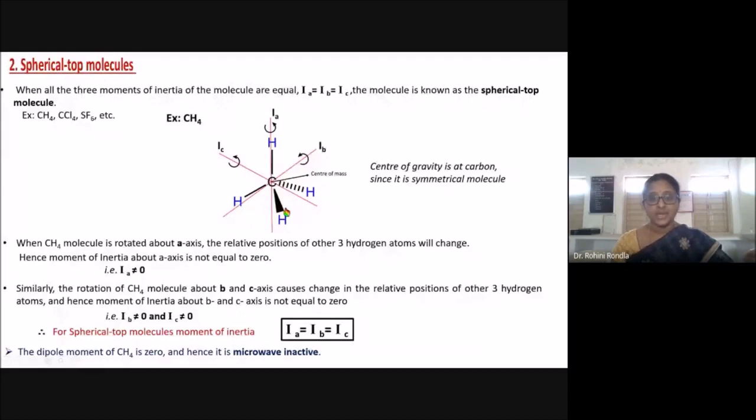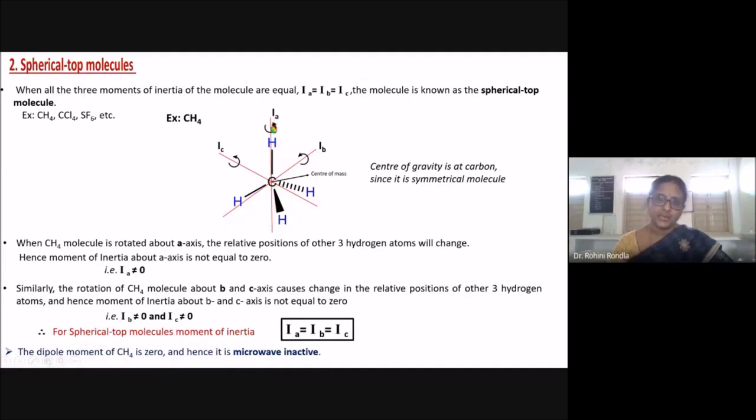So 3 hydrogens are left free. And now rotate this molecule through this A axis. What will happen? Can you observe any difference in the position of the hydrogen atoms? See, rotate this methane molecule along the A axis.